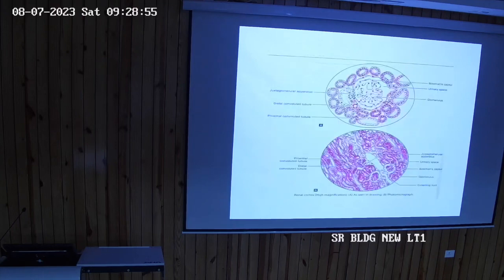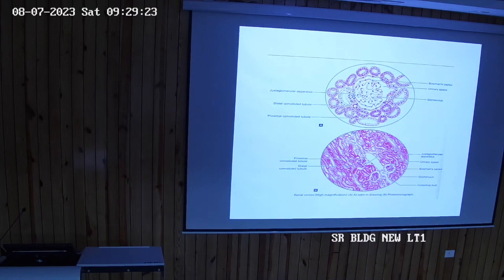Look here. You can see also here. Distal convoluted tubules are also lined by cuboidal cells, but no microvilli. These microvilli increase the surface area of the proximal convoluted tubule.